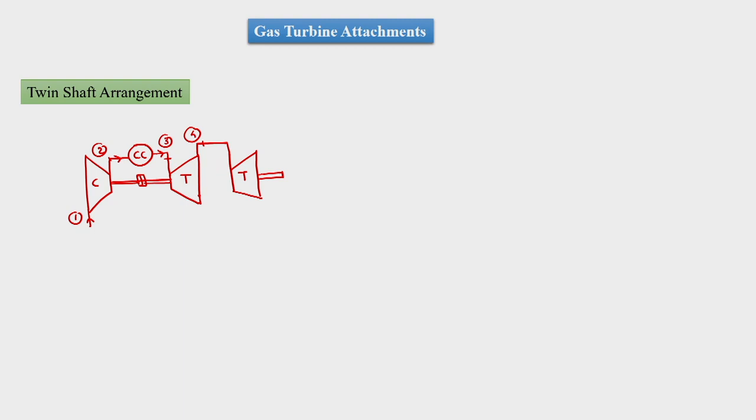Then it will pass over a next turbine which is called the free or power turbine, which is mounted on a separate shaft, and then the air will expand in that turbine in the process 4 to 5 and get exhausted into the atmosphere. Such an arrangement is called twin shaft.